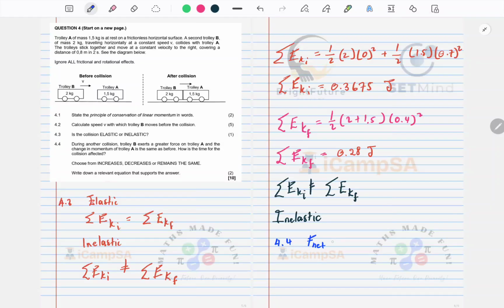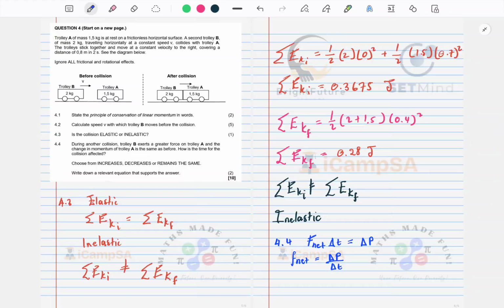So here we've got F delta t equals delta P. We all know this, right? Now they're asking us what happens to the time, which is this change in t. So you can rearrange this and write it as F net equals the change in P over the change in time. This is the rate of change of momentum.